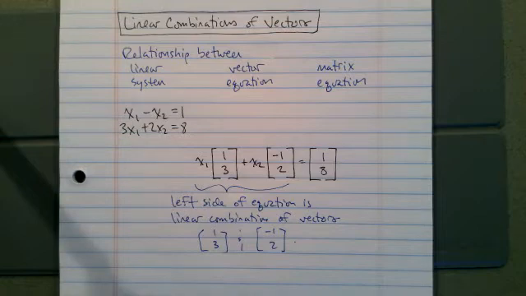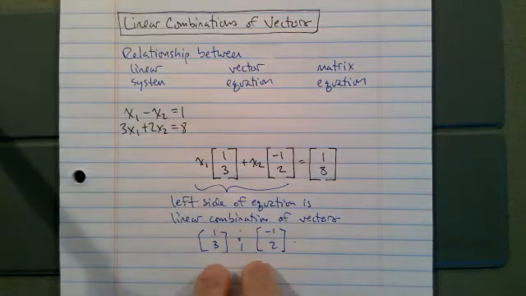So the left side of the equation is a linear combination of the vectors 1, 3 and negative 1, 2. And the equation is saying that this linear combination is equal to 1, 8.